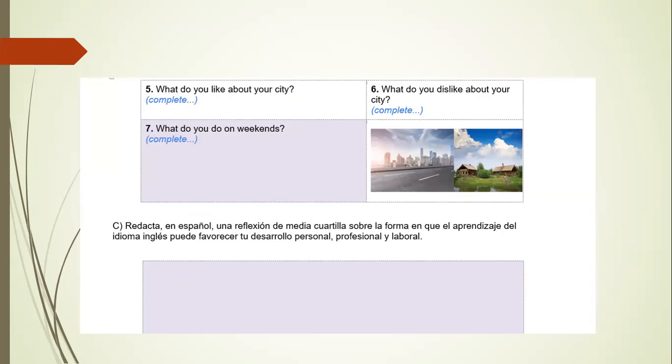Then you have to write in Spanish a paragraph about the way English can help you to develop yourselves in the personal, in the professional, or in the working fields.